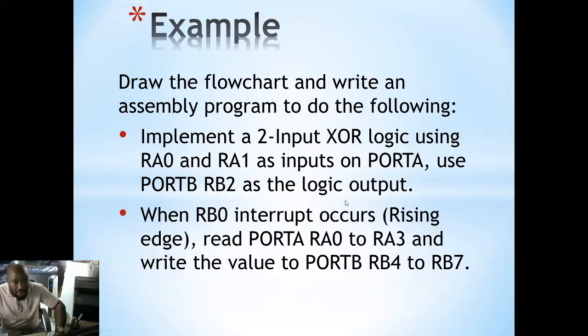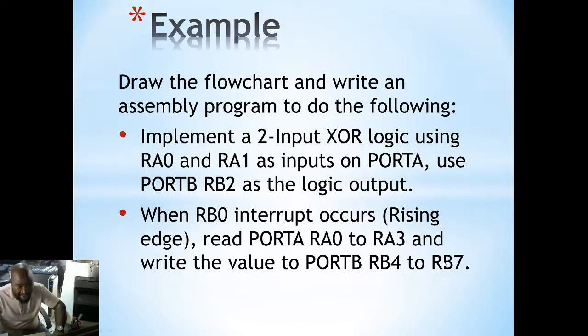Now, this question says we are going to use A0 and A1 as our inputs for the exclusive OR operation. And the very same A0 and A1 are going to be used, but this time, from A0 to A3, we read the state of A0 to A3, and then we write the value from B4 to B7.